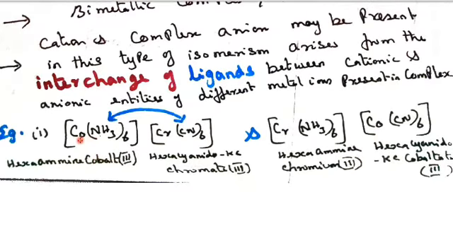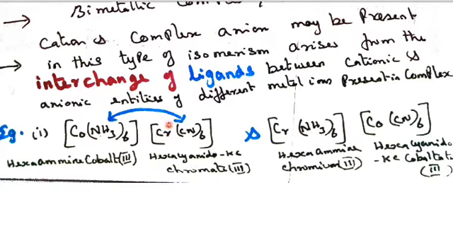Now let us see [Co(NH3)6] in a square bracket and [Cr(CN)6]. So hexaamminecobalt(III), that is plus 3 valency written in Roman numerals enclosed in a closed bracket, and chromium linked with the cyanido ligand, so hexacyanido, with C as the donor atom. It is an anionic complex because the first one is a cationic complex.